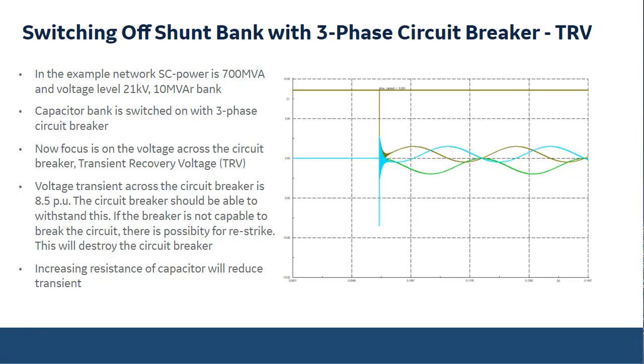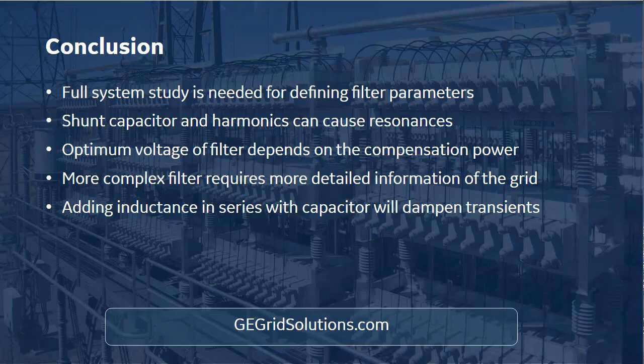Okay, that was the last slide of my presentation. Here is the conclusion. What I've said here: a study is needed for defining the filter parameters. Shunt capacitor and harmonics can cause resonances.